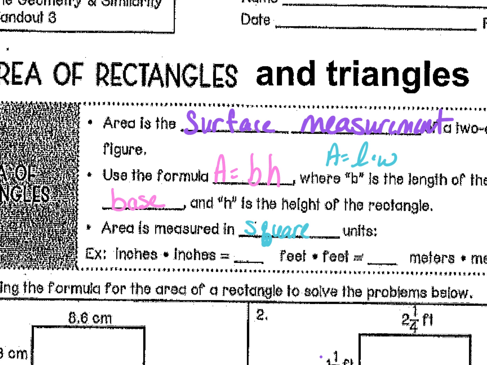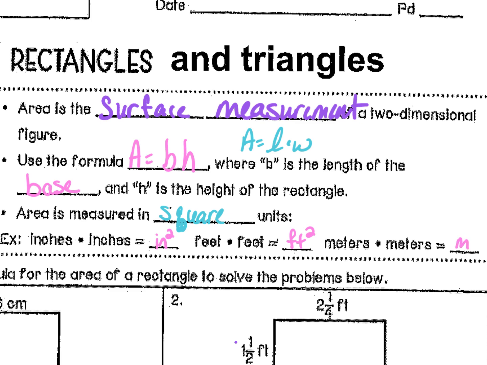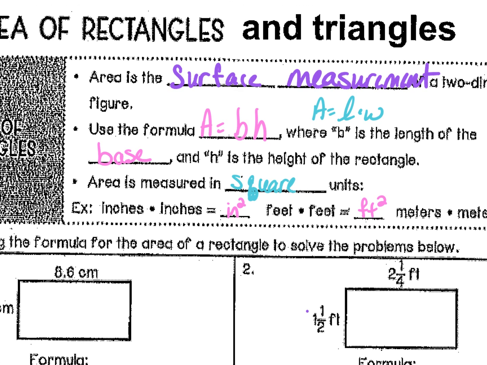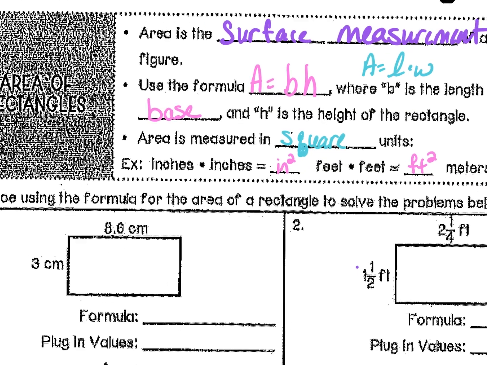That's why it's squared, because we're going left and right and up and down for our shape. So inches times inches is going to be inches squared. Feet times feet is feet squared. And meters times meters is meters squared. Because technically you're multiplying two things together when it comes to the sides. And I'll show you on this one.